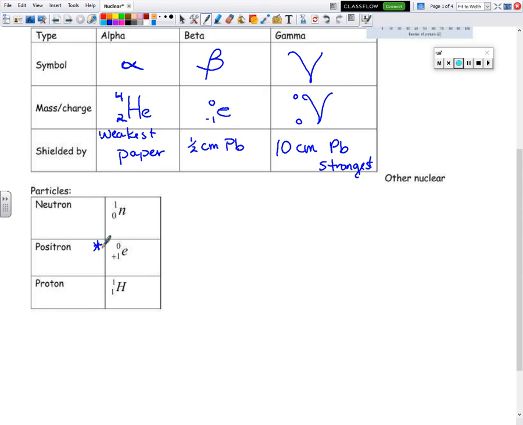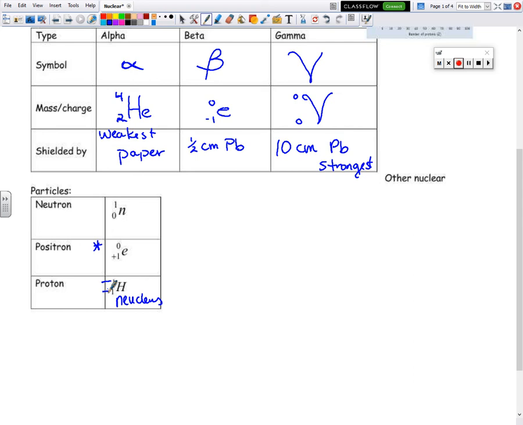A proton makes sense. A proton is just a hydrogen nucleus, which only has 1 proton in it, with a mass of 1 and an atomic number of 1. So it's really just the positron that's kind of like Santa Claus. Don't think about it too hard.